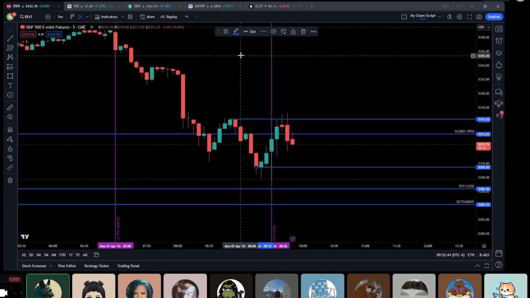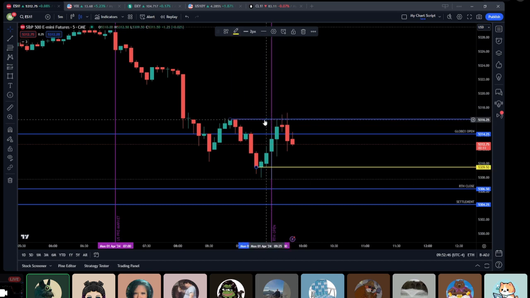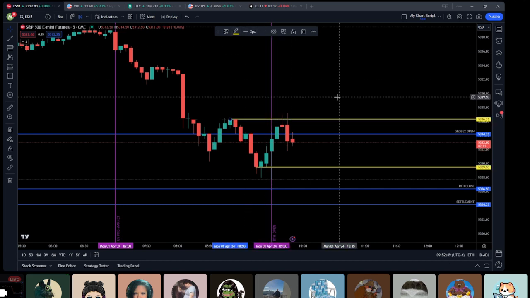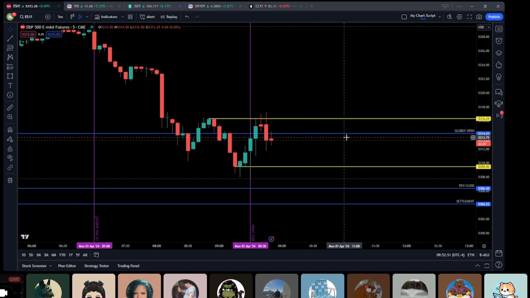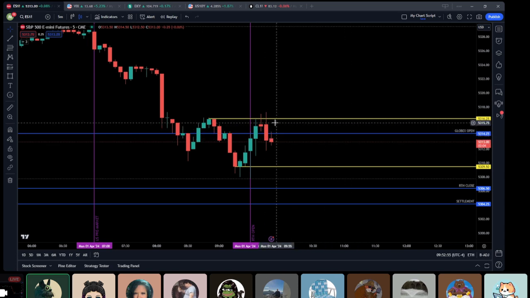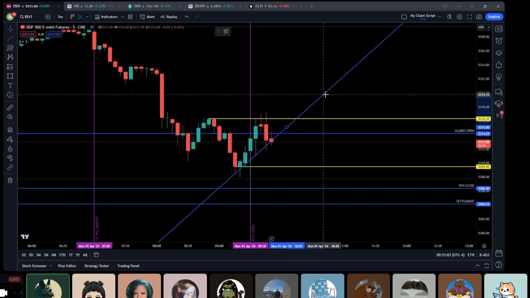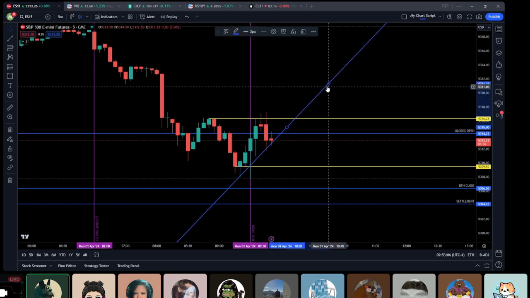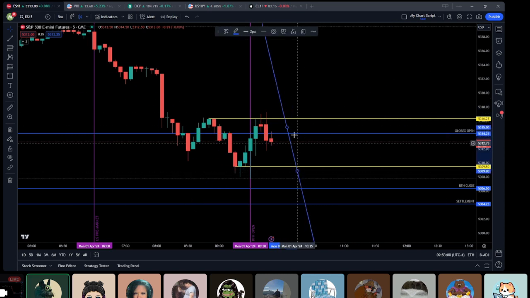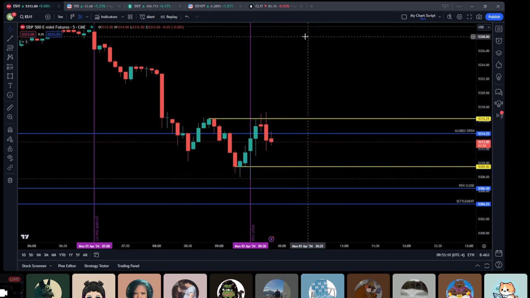Let me make these a different color so they stand out more. This would be your trading range right now that you want to fade the extremes or wait for an actual breakout to happen, when the market will shoot up, or conversely shoot down out of that range.